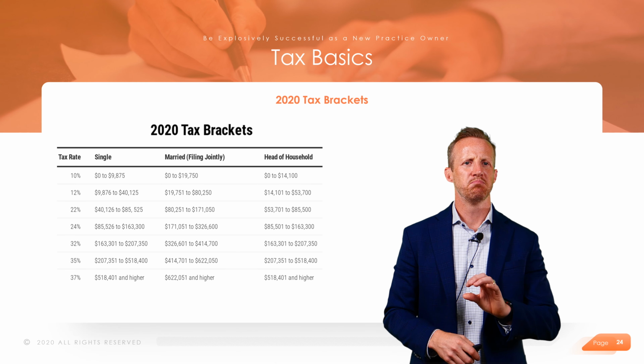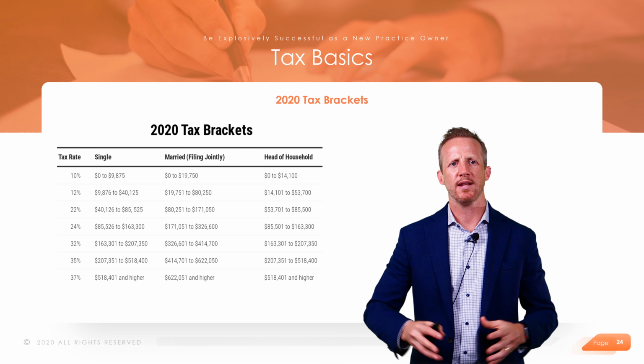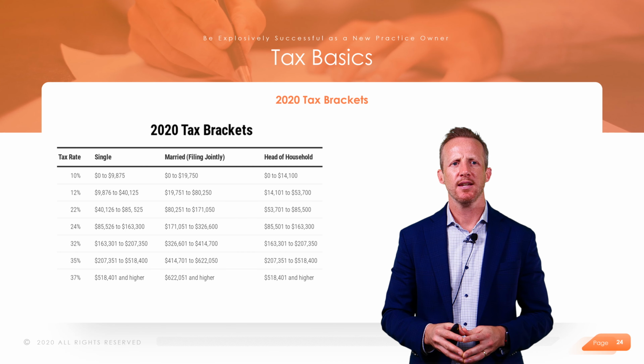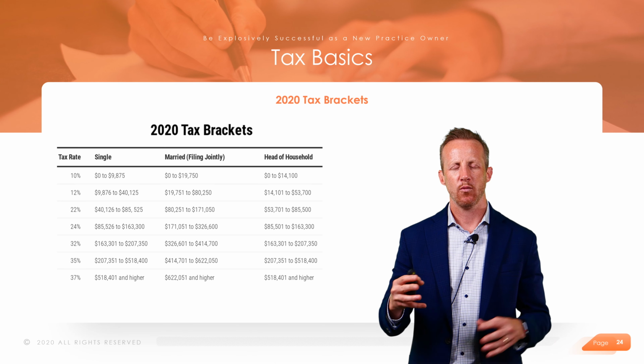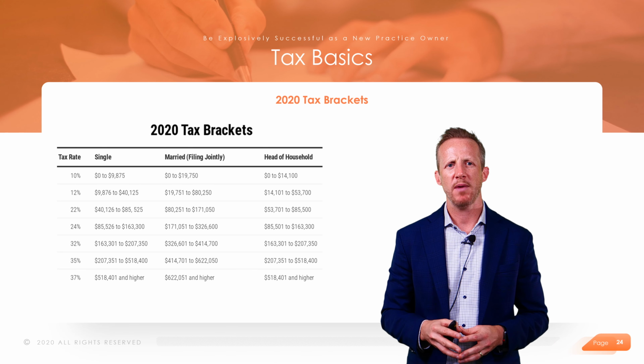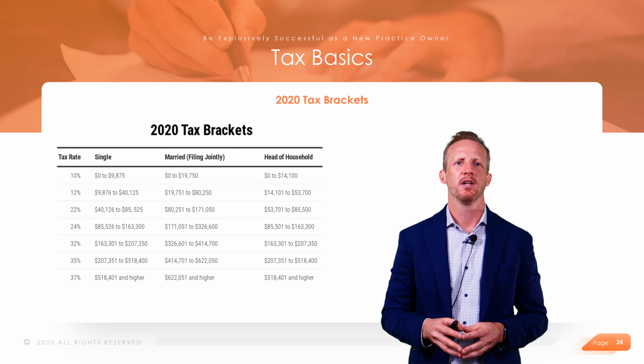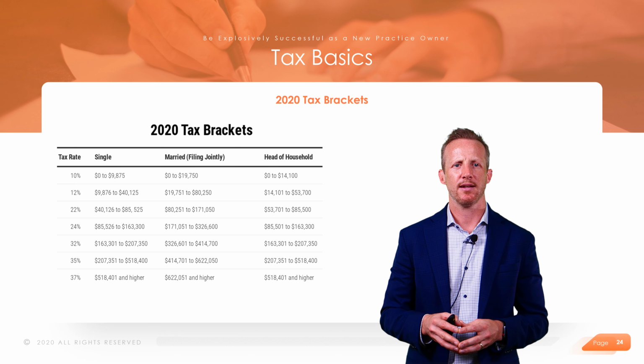Let's look at married filing joint, the one in the middle. And if you make, between your W-2 and your K-1 and whatever other sources of income you've had, less than $19,750, you're essentially not paying anything.